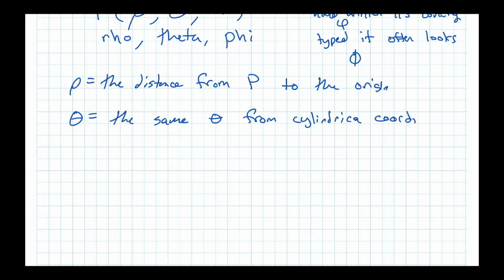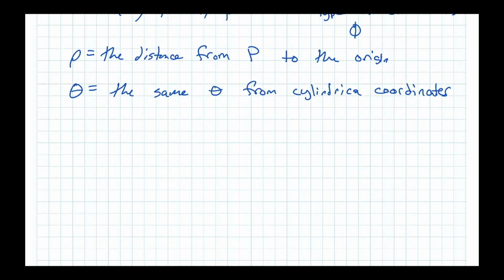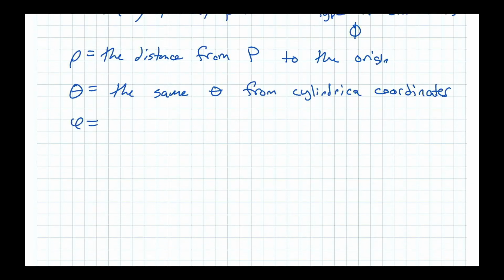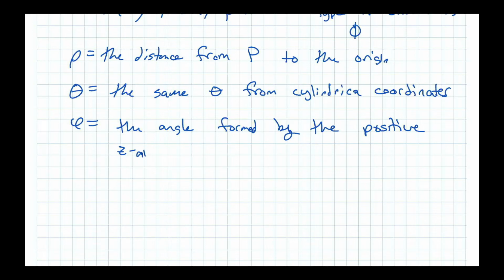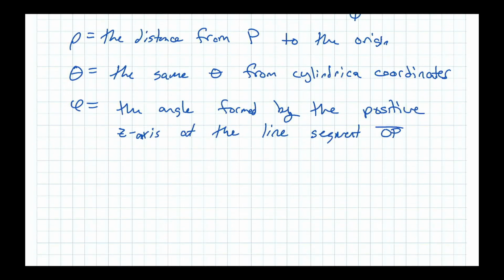But this time we're not using a z. We're using a phi. This is going to be the angle formed by the positive z-axis. You're going to need to see a picture for this. The positive z-axis and the line segment OP, where O is the origin and P is the point.